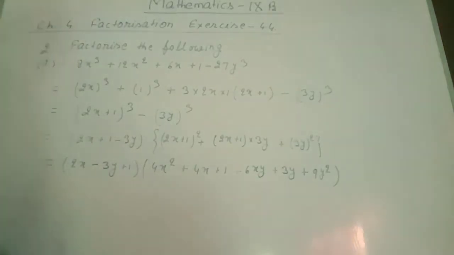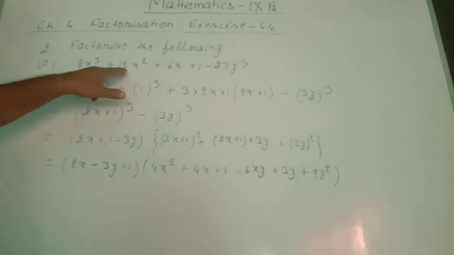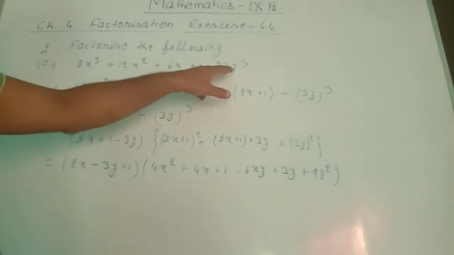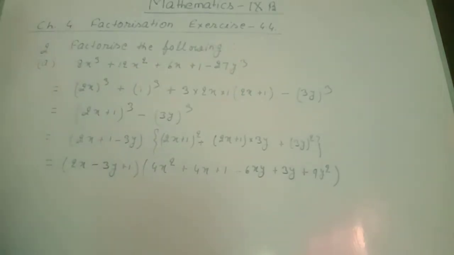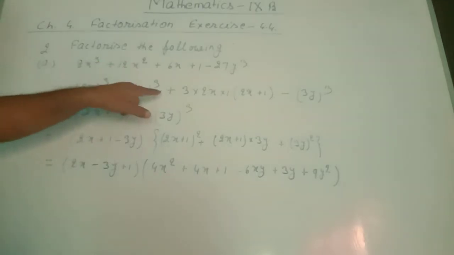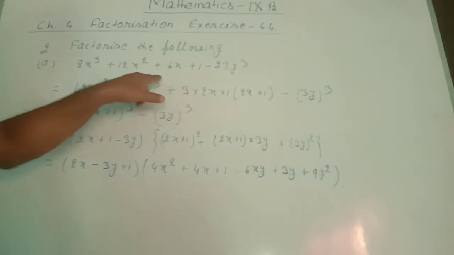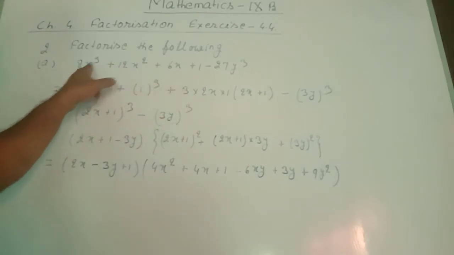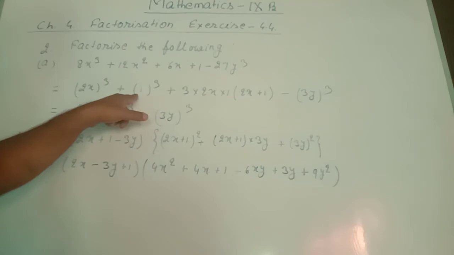Question number 2a. Factorize the following: 8x cube plus 12x square plus 6x plus 1 minus 27y cube. This 8x cube I wrote in the form of 2x whole cube, because 2 multiplied 3 times is 8, and x cube. Then 12x square and 6x, and after this I wrote 1 whole cube.